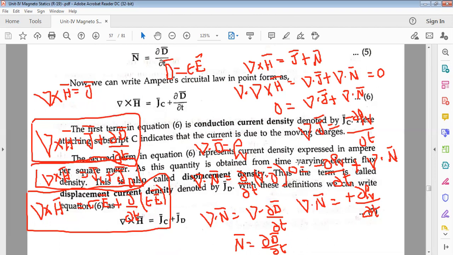As this quantity is for a time varying electric flux density, it is called displacement current density, denoted as JD bar. With this definition, we can write the equation as del cross H bar is equal to JC bar plus JD bar.